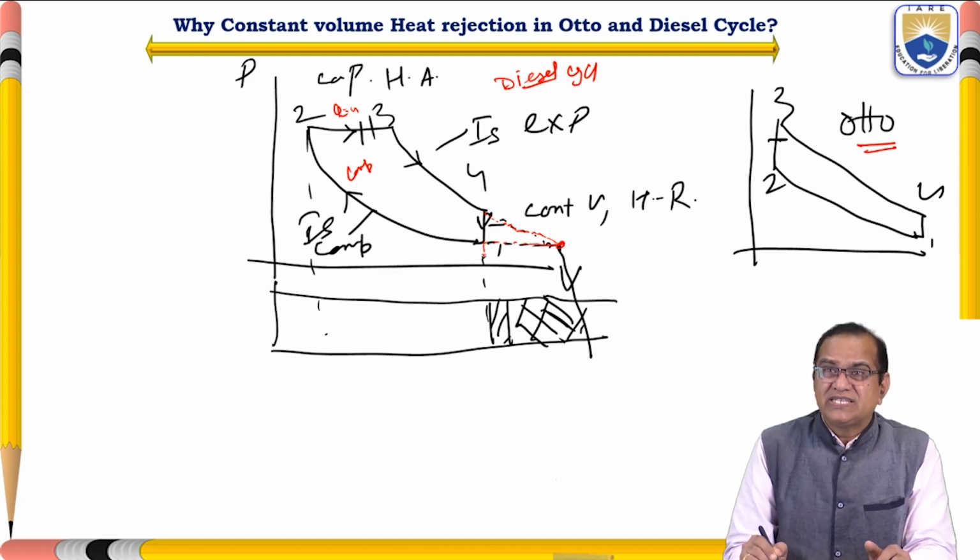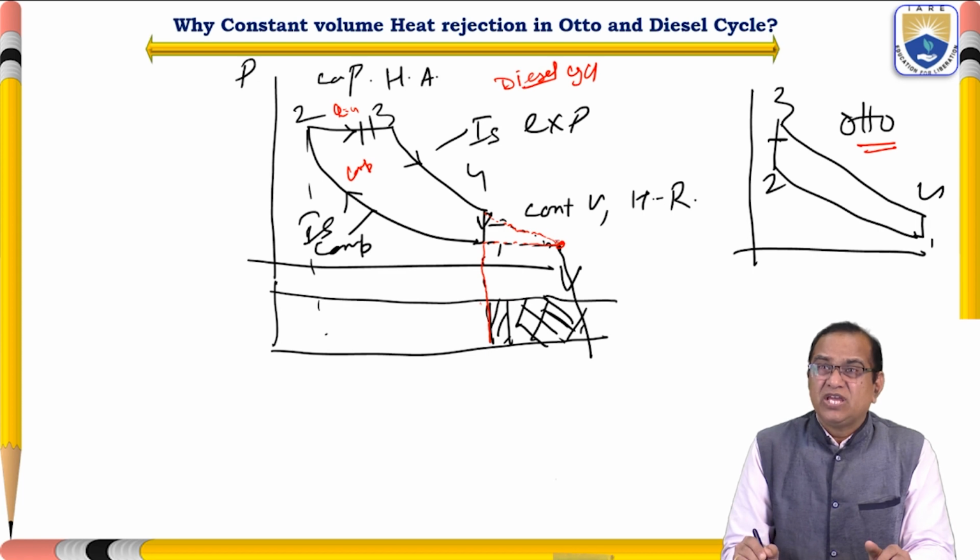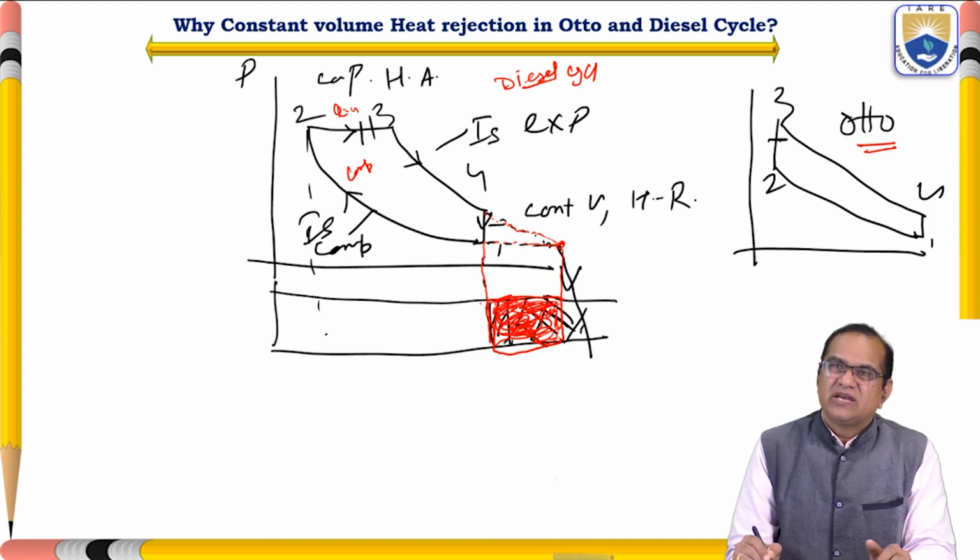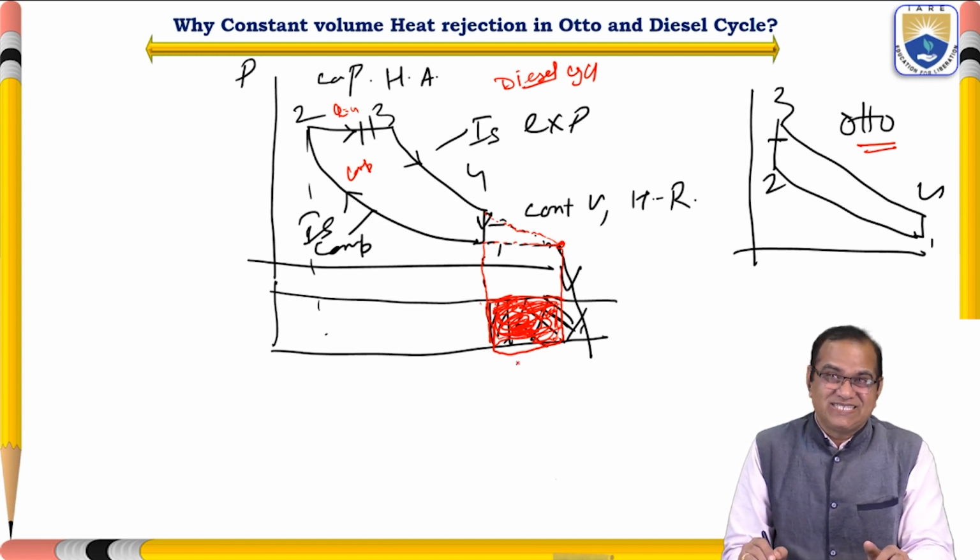Initially your piston size is this much, cylinder size is this much, but if you want to go at constant pressure from here to here, this much size of cylinder has to be increased. So this is not so advantageous.